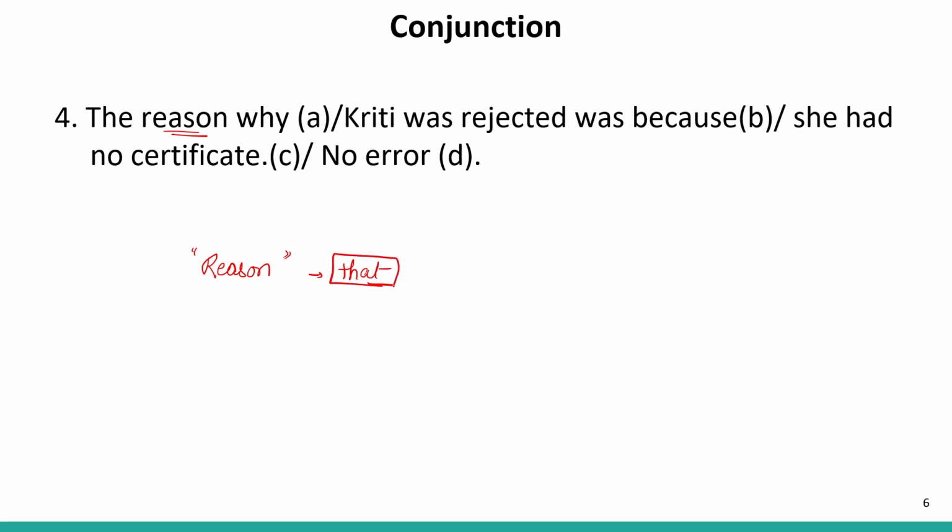No other word can be used. Therefore, because here should be replaced with that. So our answer will be B, because this word, which is not required, is written in the B part. So B part contains the error. So our answer will be B.